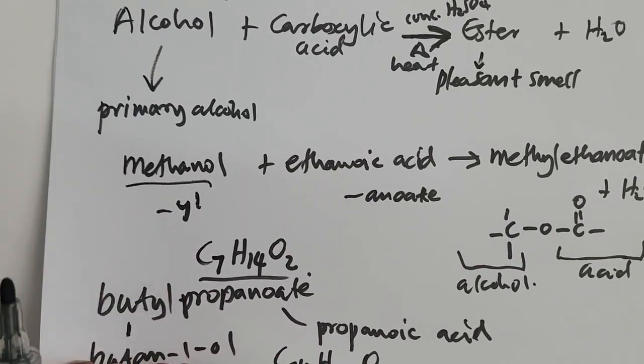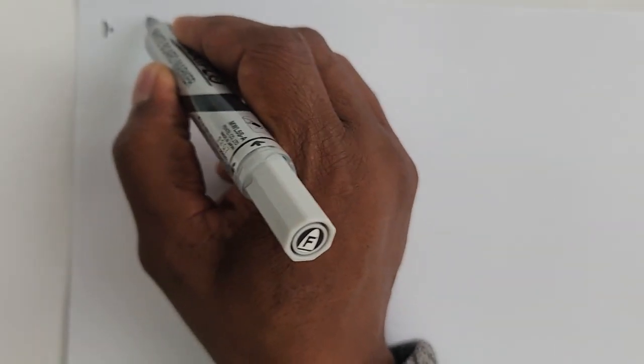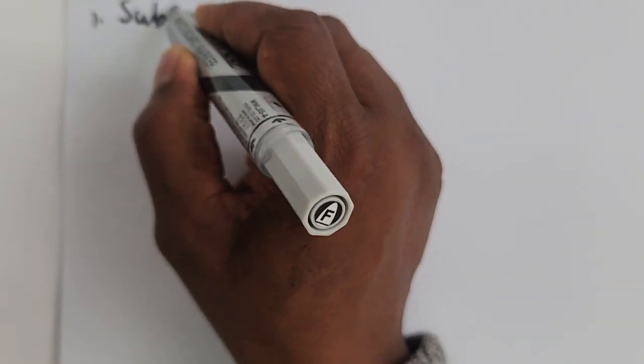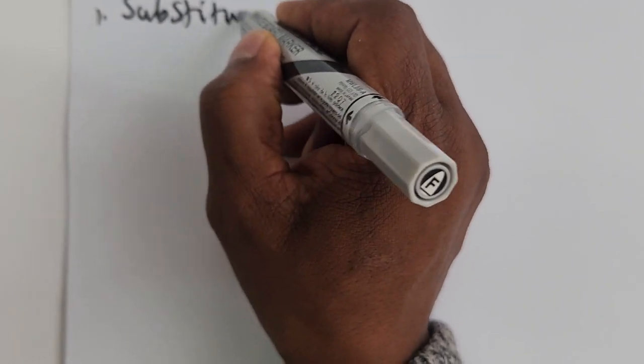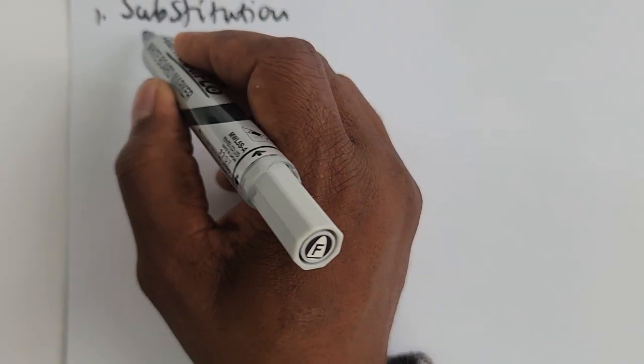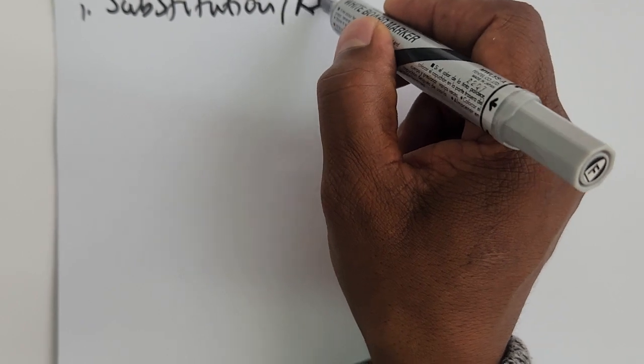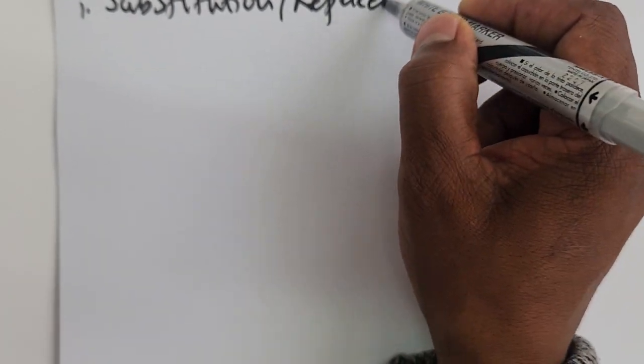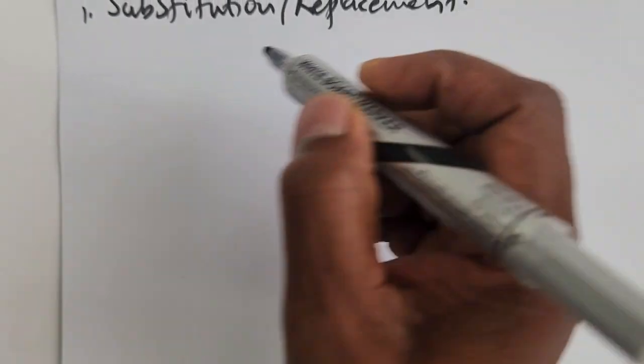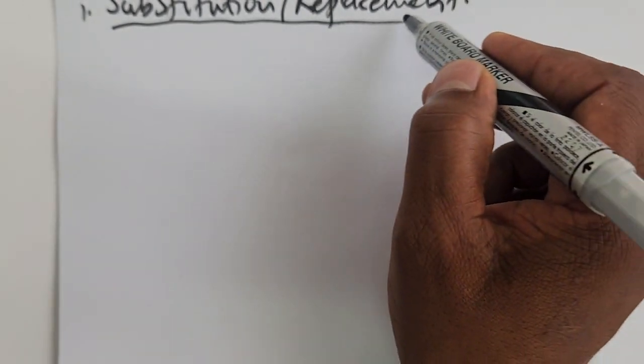Now let's come to the crux of this section on reactions, where we start with the first reaction, which is substitution. Why substitution, or replacement reaction? Because we are starting from alkanes, and alkanes have single bonds.